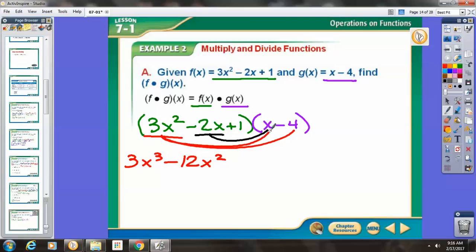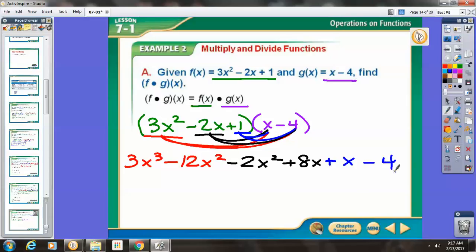Negative 2x times x, negative 2x squared. Negative 2x times negative 4, positive 8x. Distribute the 1 next. 1 times x is 1x, or x. 1 times negative 4 is negative 4.